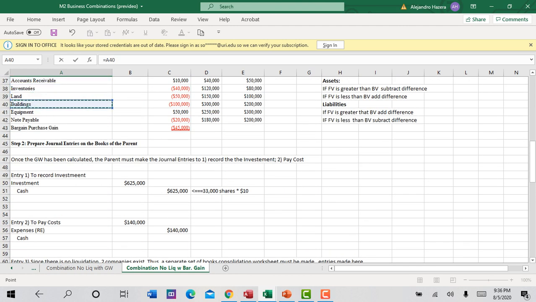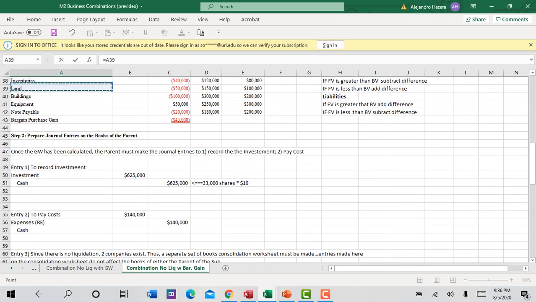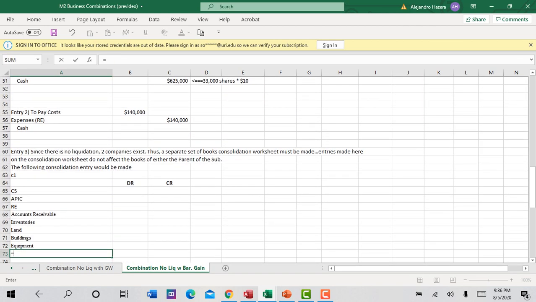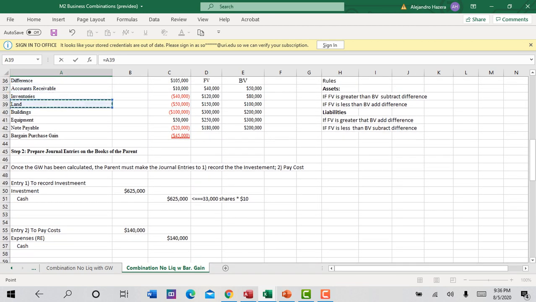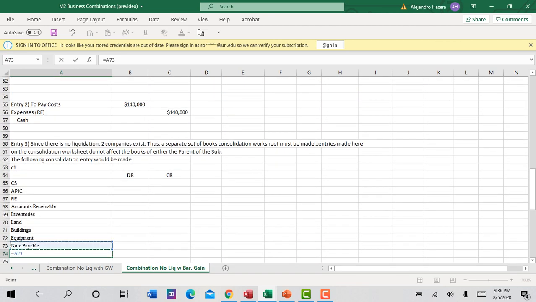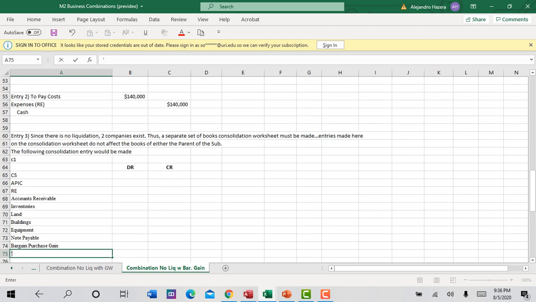I'm doing this fast because my disk is running out of space, and this is supposed to be a huge computer. Equipment, buildings, equipment, note payable, bargain purchase option, and the final thing in this entry is always the investment account.